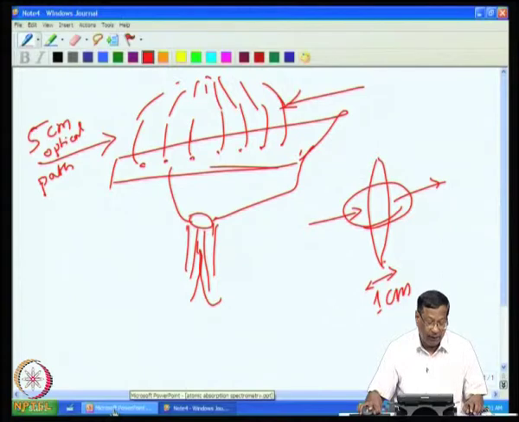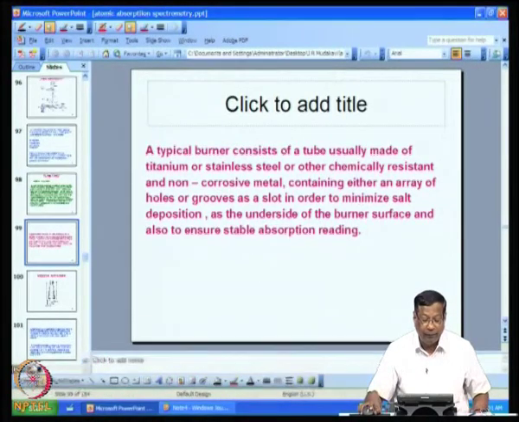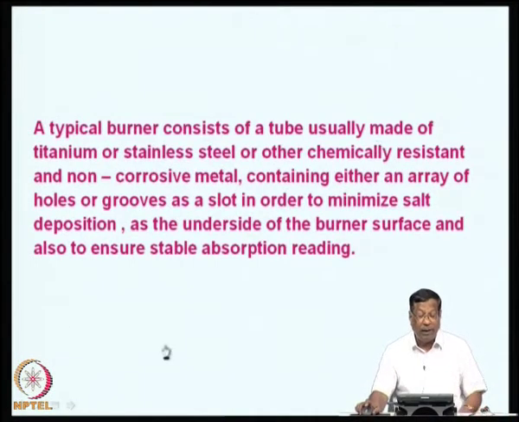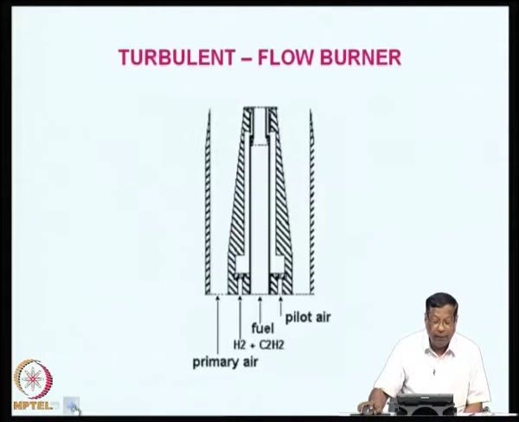So, a typical burner we have to make like this, and the actual design of the burner is like this. Here we are introducing primary air, and then there is the possibility for introduction of hydrogen and acetylene, and the fuel also would enter like this, and pilot air.